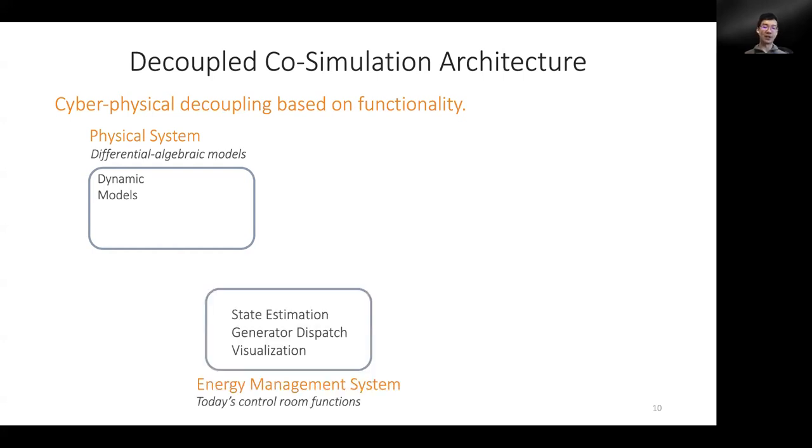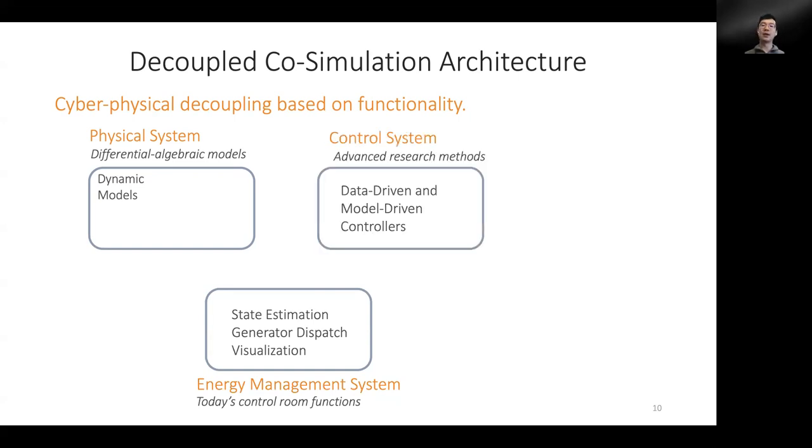The second part is the energy management system, which is used to resemble today's control room functions. They include state estimation, generator dispatch, and visualization, for example, in today's control rooms. And the third part is a control system, which can be data-driven or model-driven. It represents the advanced research methods we have today that are going to be tested in this cyber-physical interactive approach.